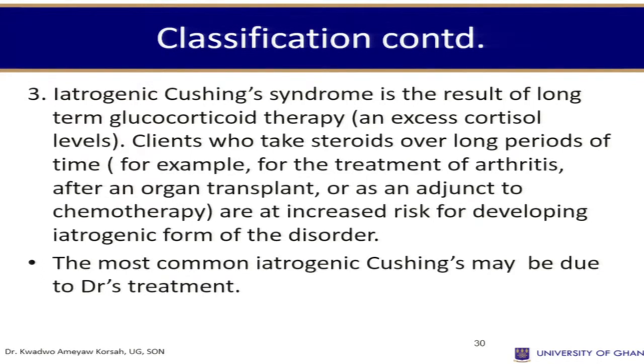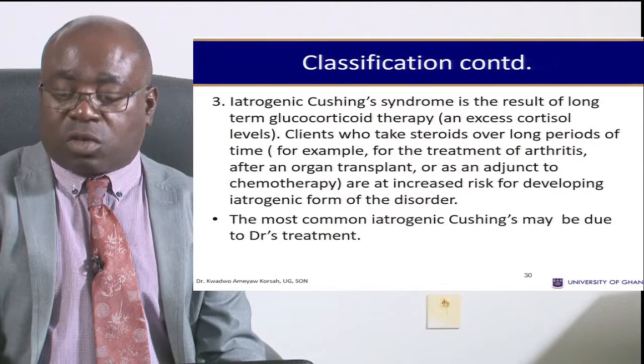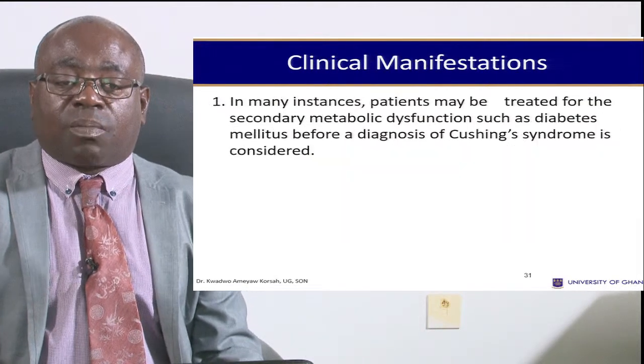For instance, clients who take steroids over a long period of time, for example, for the treatment of arthritis, after an organ transplant, or as an adjunct to chemotherapy, are at increased risk for the development of the iatrogenic form of the disorder. The most common iatrogenic Cushing's may be due to the physician's treatment, where the patient is put on cortisol for a very long period of time.